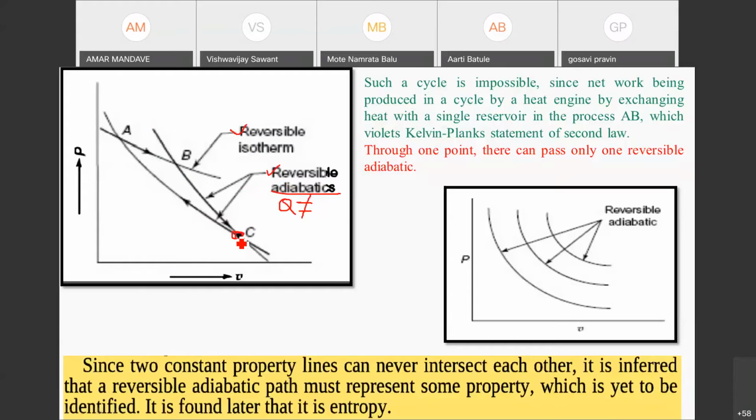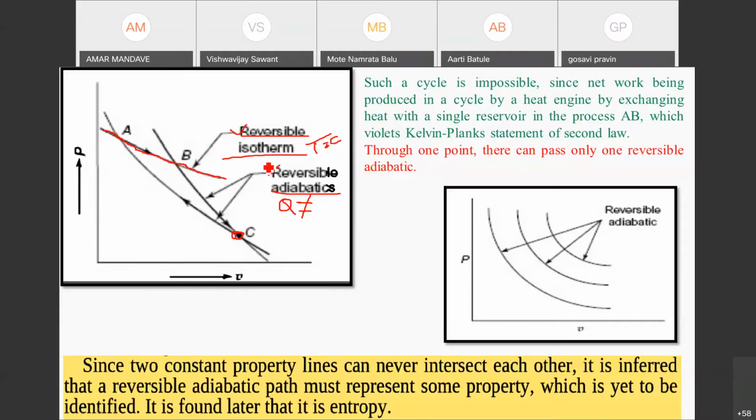Now at the other end we will draw one reversible isothermal line. Isothermal means the temperature is constant. For this line, when we note down the temperature at any point on it, the temperature is constant.